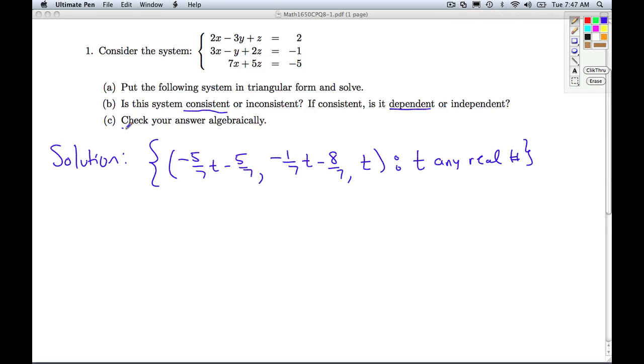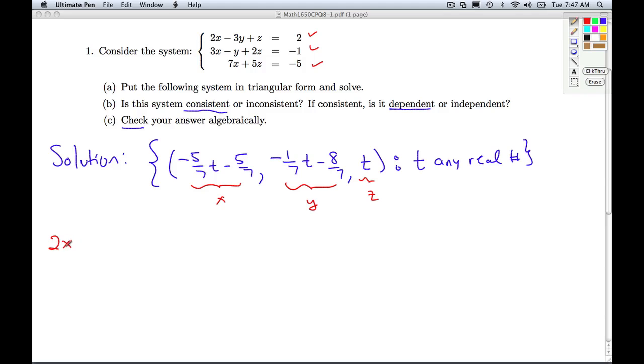For part C, how do we check the answer algebraically? Well, if this really is the solution, then when I substitute in this first expression for x, the second expression for y, and the last expression for z, I should get all these equations to work out. So we'll just check these one at a time. Let's check the first one.